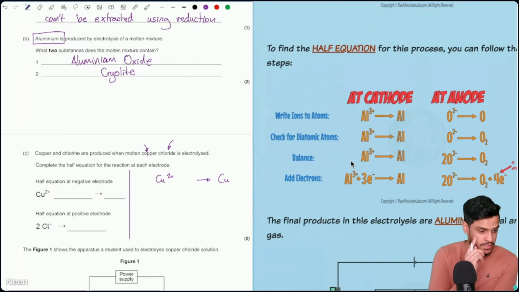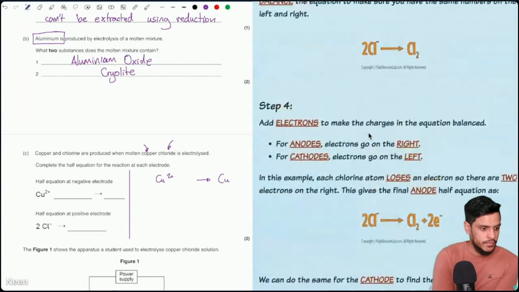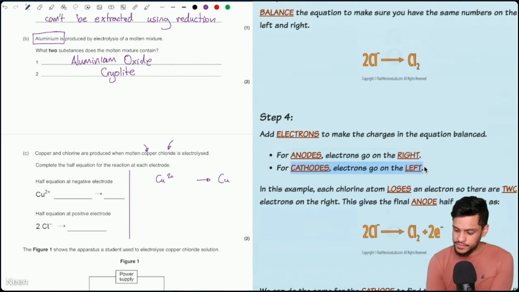Electrons need to go on the correct side. For anodes, electrons go on the right. For cathodes, electrons go on the left. The negative electrode is the cathode. The positive electrode is the anode.